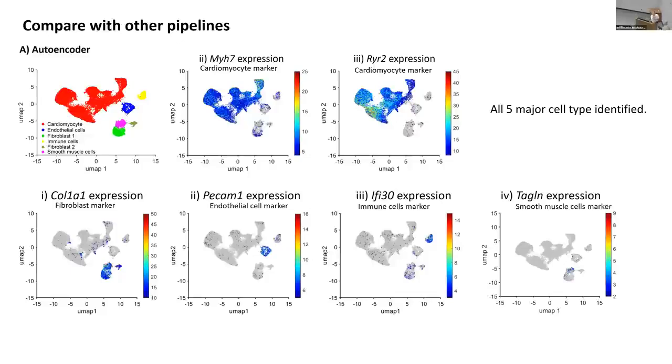Okay, thanks. So the fibroblast is the lower one here with collagen expression, and then the endothelial cell with PKM1 expression. This small cluster is an immune cell. And then the smooth muscle marker was colocalized right on the top of the fibroblast.